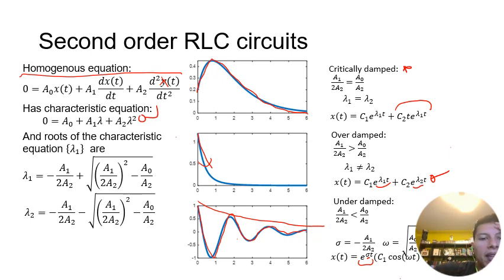Depending on whether this term and this term are the same, you would have critically damped, or the same roots. If this term is bigger, you're overdamped, and if this term is bigger, you're underdamped. So we're going to derive the equations and figure out how the circuit's components, as they change, move us through all of these different types of solutions.